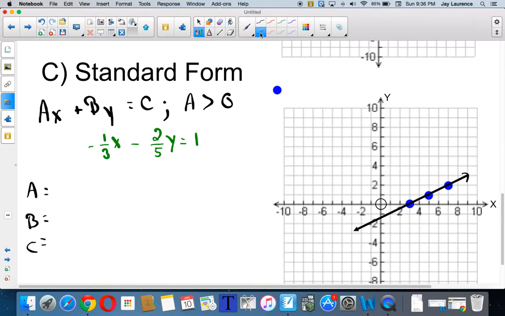Now, they aren't integer coefficients, so I'm going to multiply each term by a number that will get rid of all my fractions. I think that number is going to be 15, the least common multiple of all the denominators. I'm going to multiply by 15 over 1 the 2/5 y and the negative 1/3 x. You know what? Maybe I should multiply by a negative.